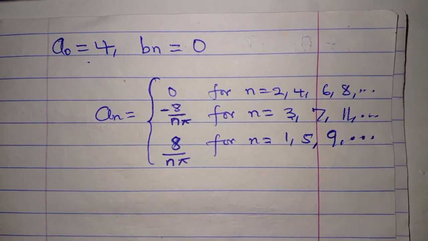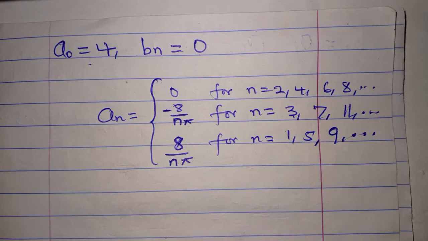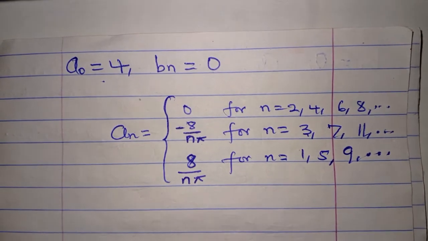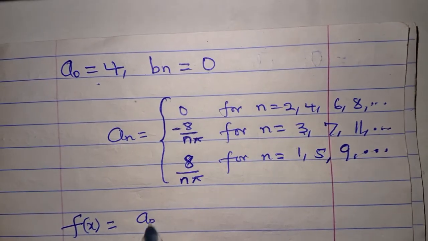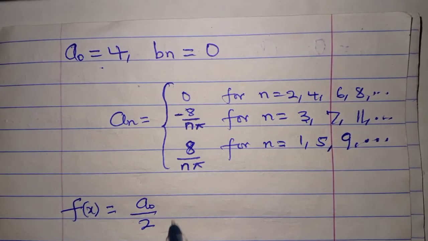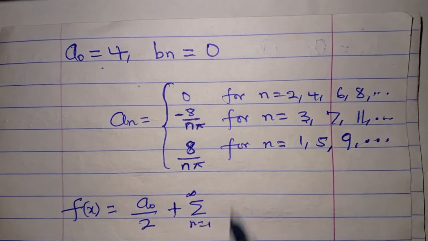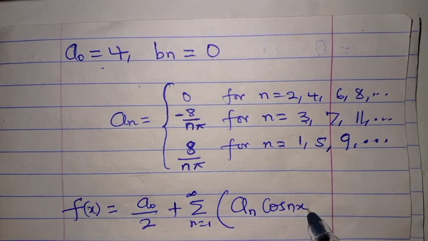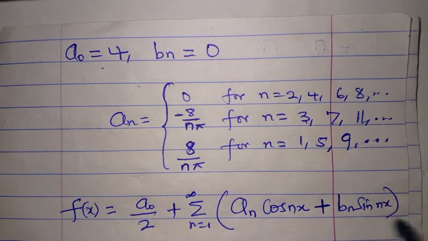Now that we have gotten the Fourier coefficients a naught, b sub n, and a sub n, what now is the Fourier series expansion of that periodic function? Remember we said f of x is a naught over 2 plus the summation from n equal to 1 to infinity of a sub n cos nx plus b sub n sin nx.